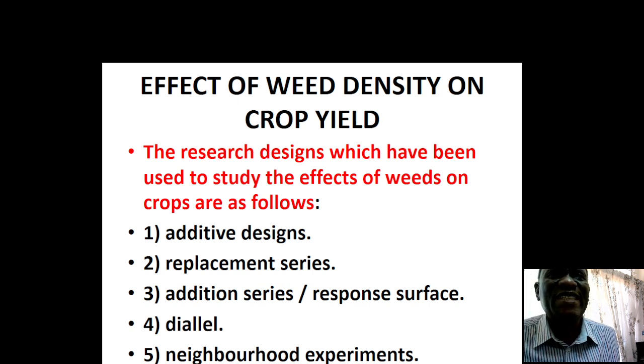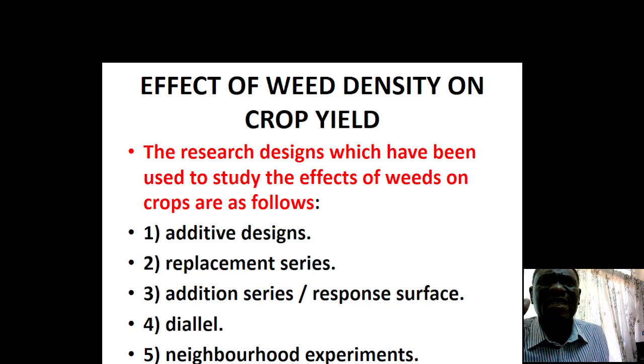The neighborhood experiments. When you look at a field which is infested with weeds, there are some weeds which grow along the crop row and others which grow in between. The question is, which weeds are more competitive, those in the row or those in between the rows?